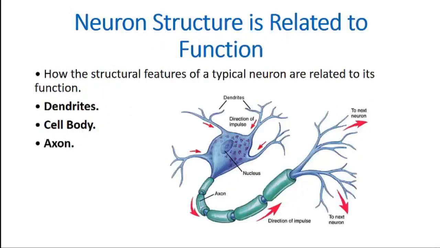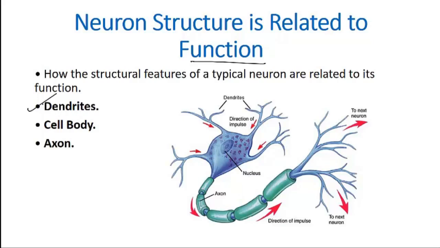The neuron structure is related to its function, as I told you earlier as well. These structures are very important in terms of how the neuron will properly function. For example, dendrites, cell body, and axon are the three things that we have.